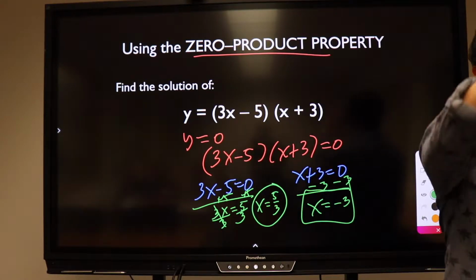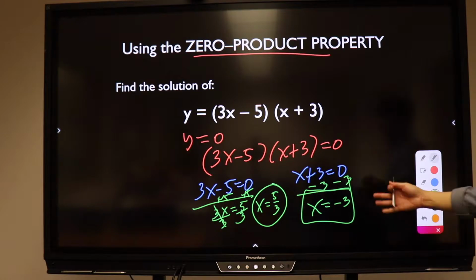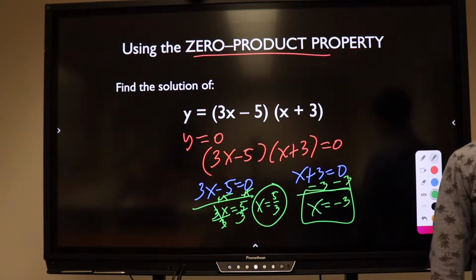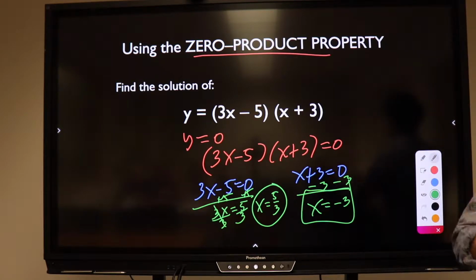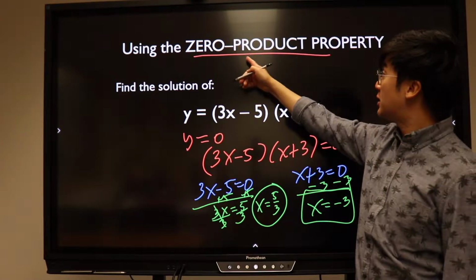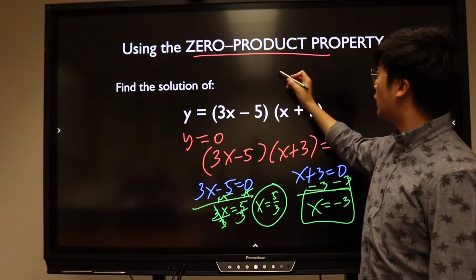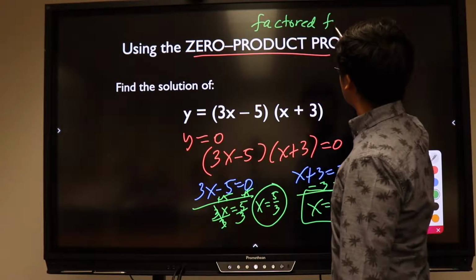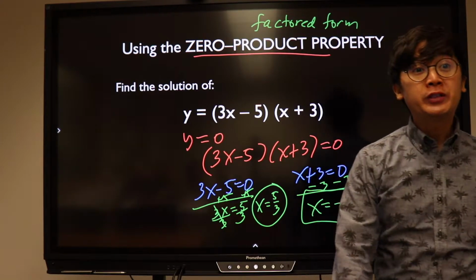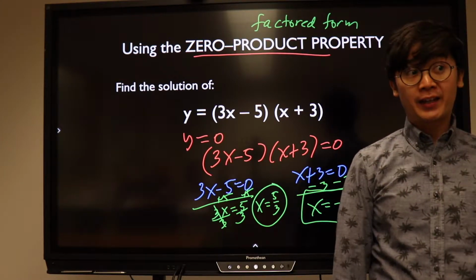So we have two solutions by Kiani, and those are 5/3 and -3. Alright? And this is your zero product property because you factored. So before you can use the zero product property, make sure that you are using the factored form of the quadratic equation.